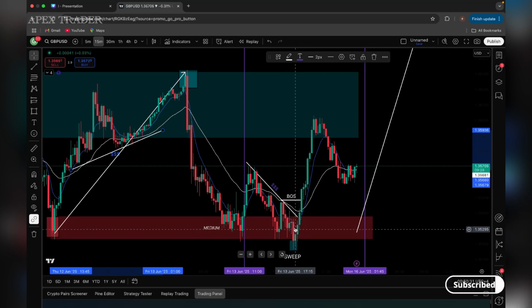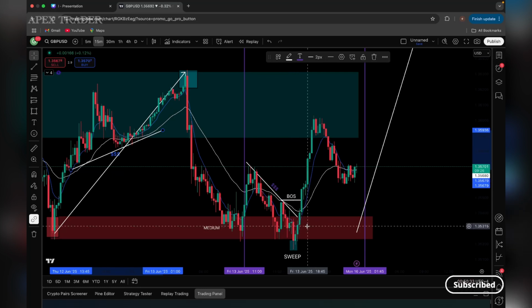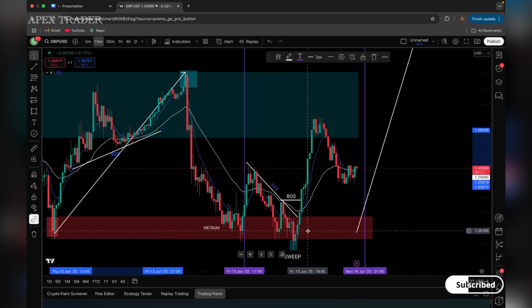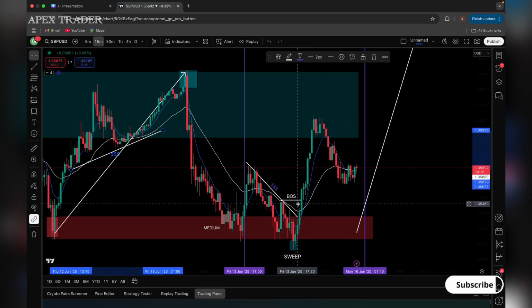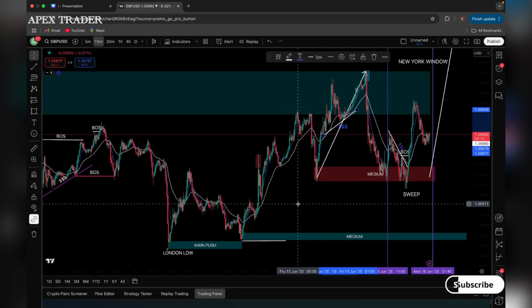So I thought it's a break of structure and it should just give one mitigation, I will enter. That's all my plan was. But what actually happened is the market directly went up and I didn't get a mitigation in today's trade, Friday 13th.